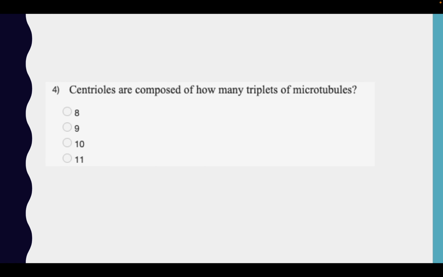Centrioles are composed of how many triplets of microtubules? Nine. Nine. Sure? Yes, ma'am.